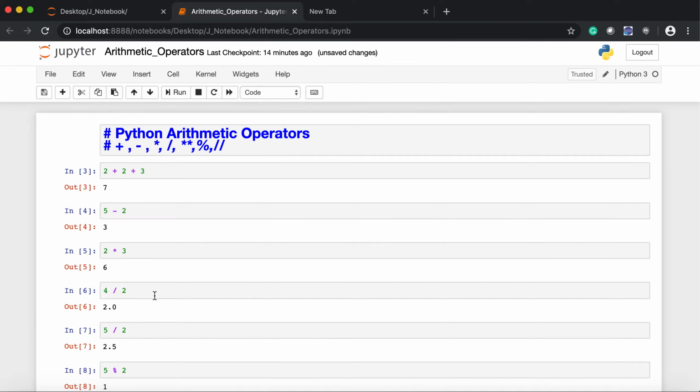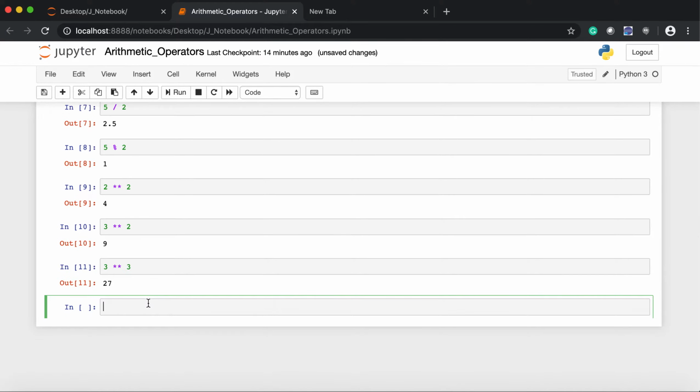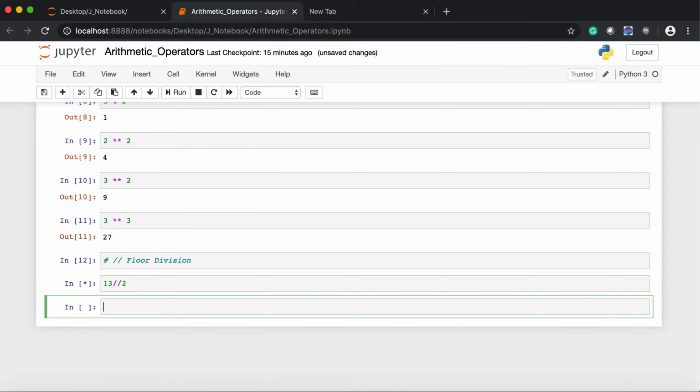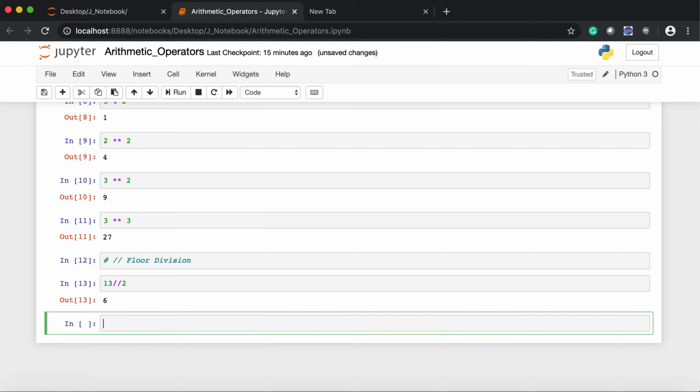What else is left? Next is the floor division, that is this. Let me write in the comment so that you can remember this. This is floor division. We'll look at an example of what it is and what it does. See, here the result is 6.